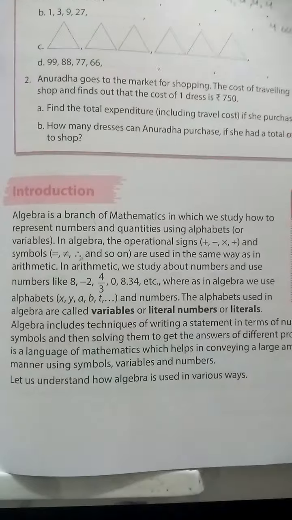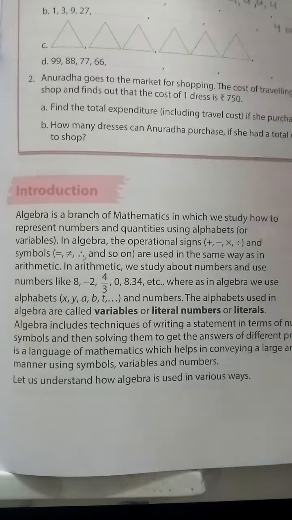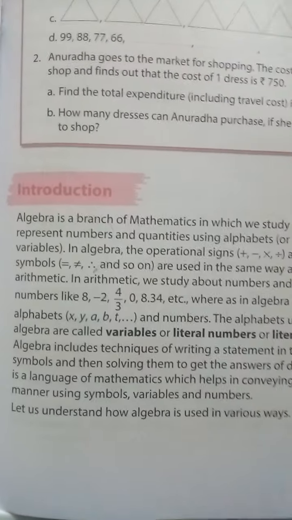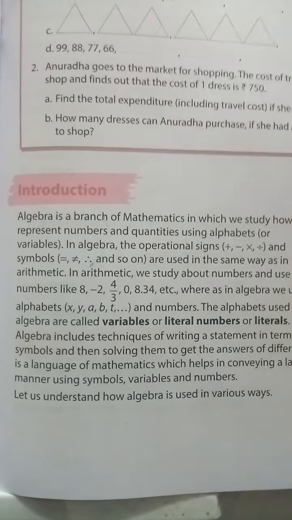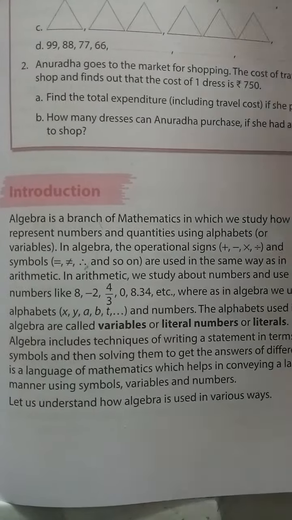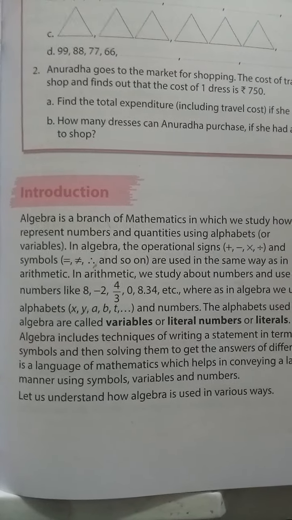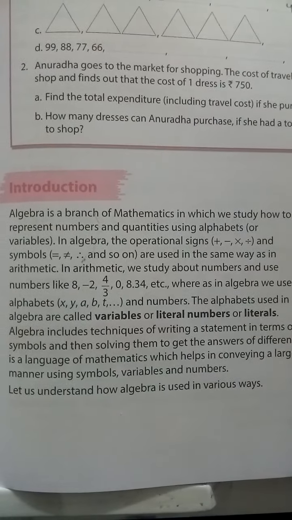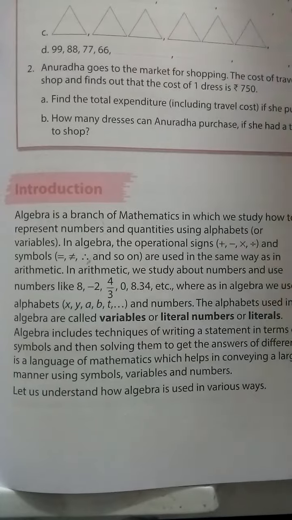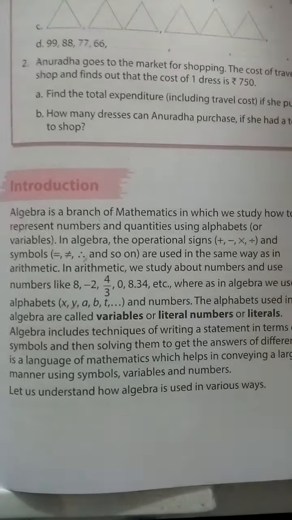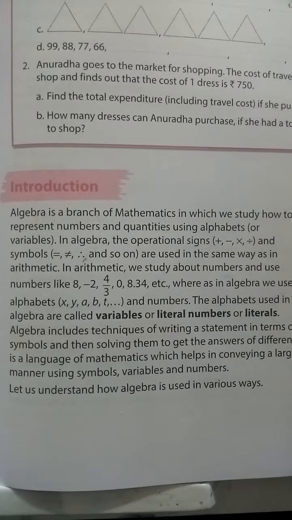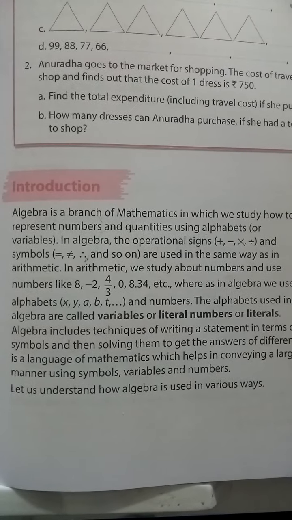Those quantities whose value does not change are known as constants, but the quantities which have variable values are known as variables, and these variables are shown by alphabets.